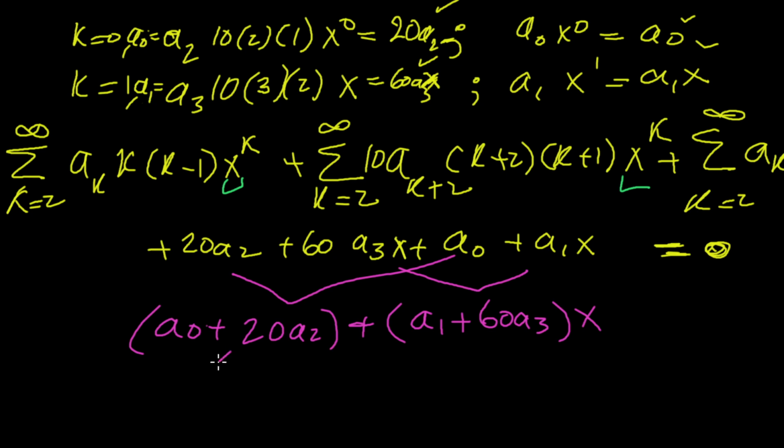So these must equal to 0, and this coefficient must equal to 0. Then the coefficient that's going to be with this x naught here must be 0 as well.